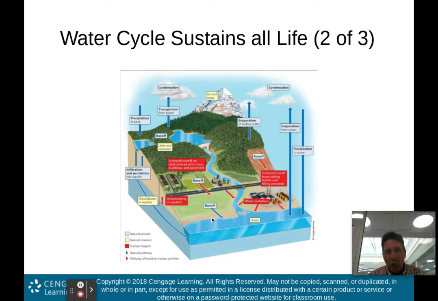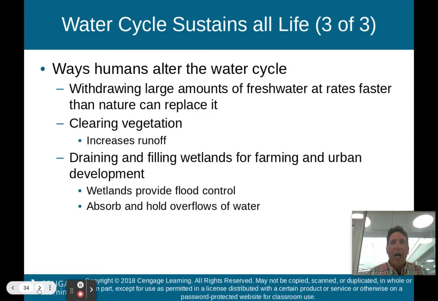Then you're either going to have runoff back into the streams, rivers and oceans, or you're going to have some infiltration and percolation, which means that water goes down into the ground and ends up becoming groundwater in aquifers. Again, this is back to your earth science days. Hopefully you do remember this. Make sure you have a general understanding of the main parts of the water cycle.